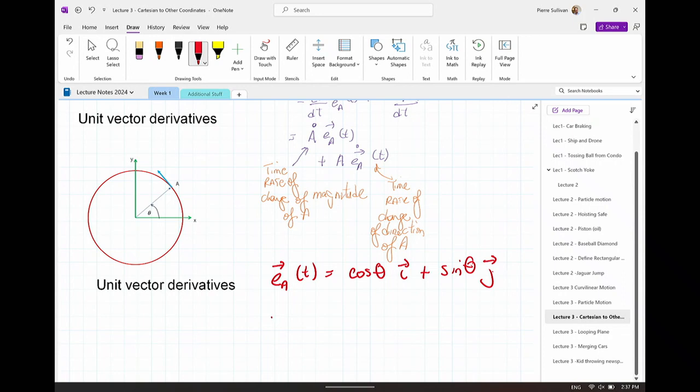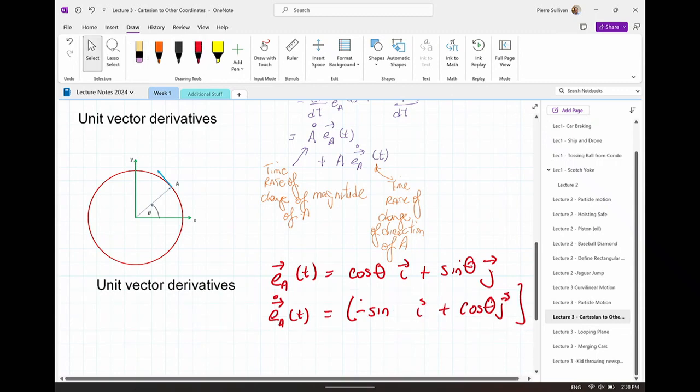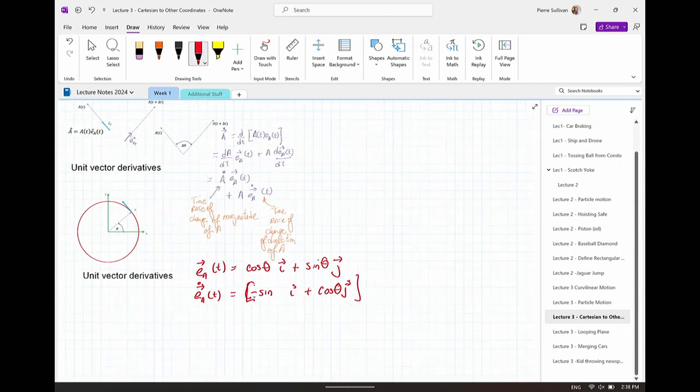Well, in that case, if I take the time rate of change of that, I end up with E A dot equals minus sine theta in the i direction, cos theta in the j direction, times theta dot.